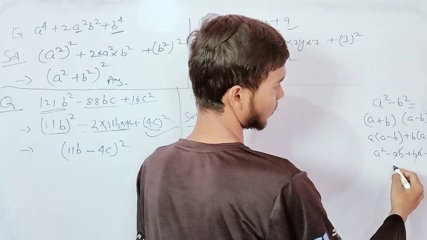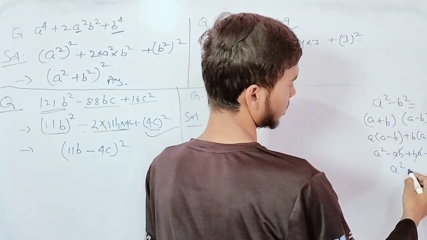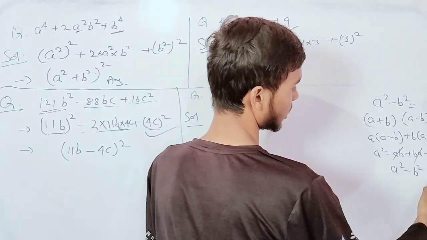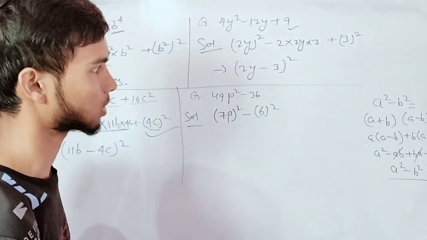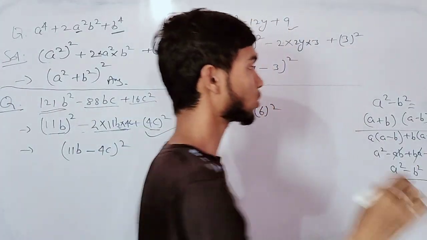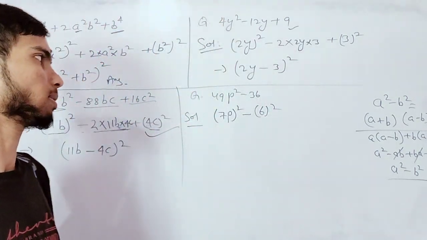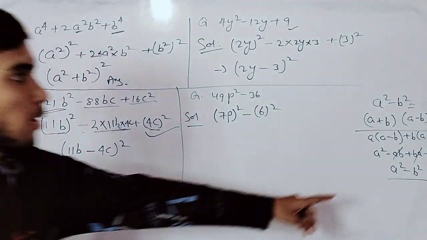This will cancel, and finally you are getting a square minus b square. So you can say a square minus b square can be written as a plus b into a minus b, because here minus is coming.